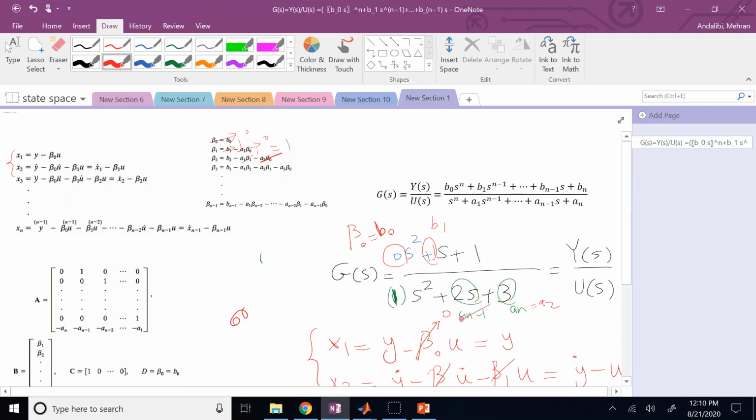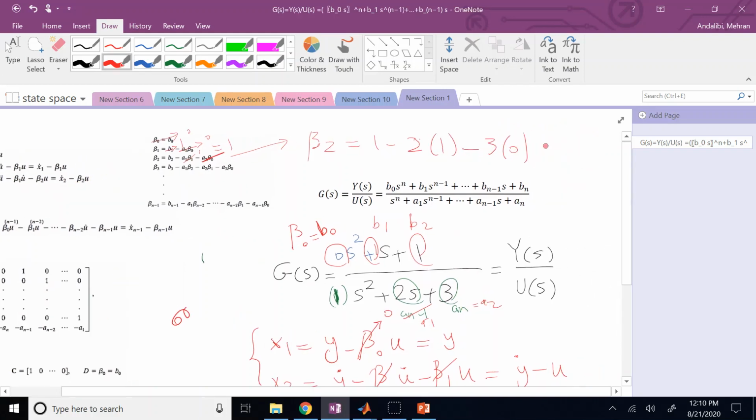So beta 2 is b2, which is 1, minus a1, which is 2, times beta 1, which is 1, then minus a2, which is 3, times beta naught, which is 0. If you calculate it, that is going to be negative 1.